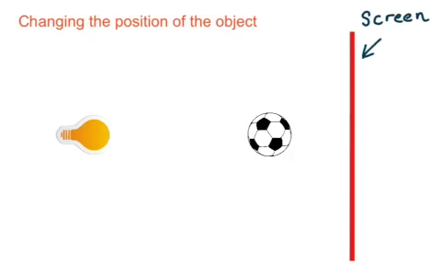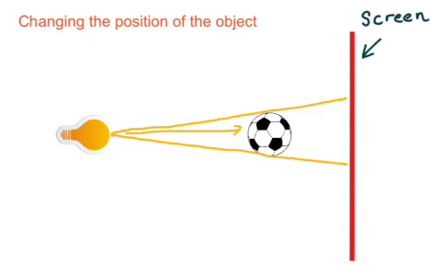If I were to draw the light rays coming from the light bulb, the light ray will pass on either side of the ball like this, and light rays that's coming from here will be blocked by the ball, and that's why there will be a shadow that's formed on the screen here.